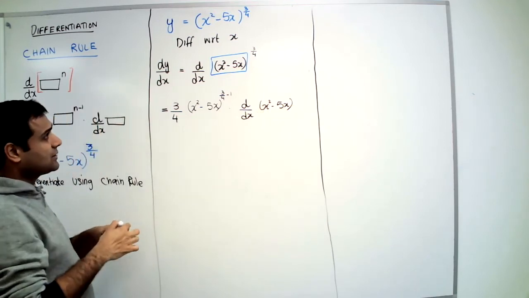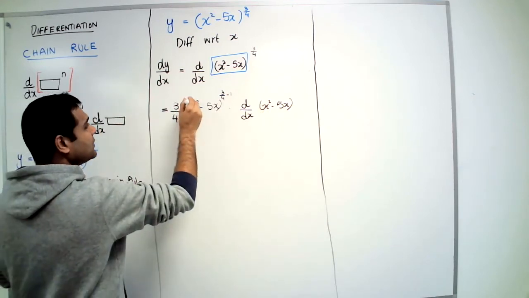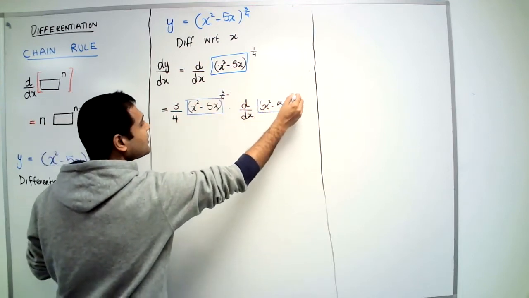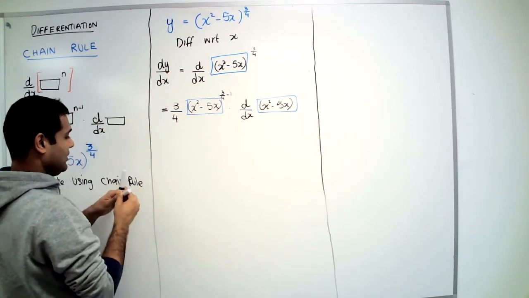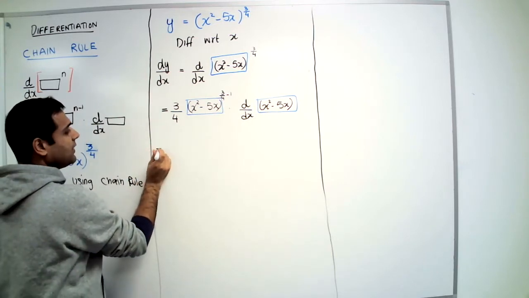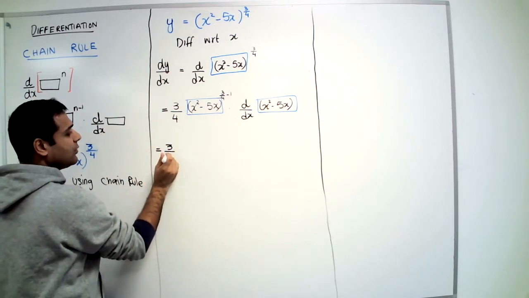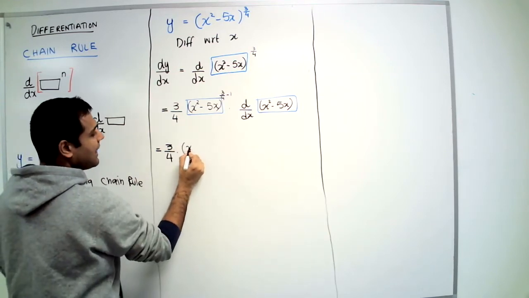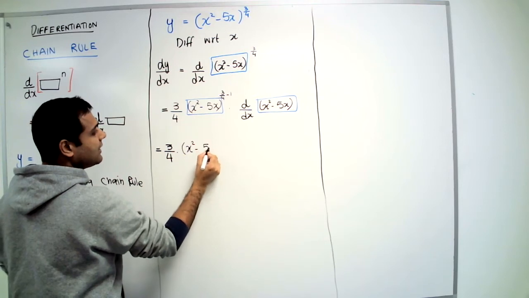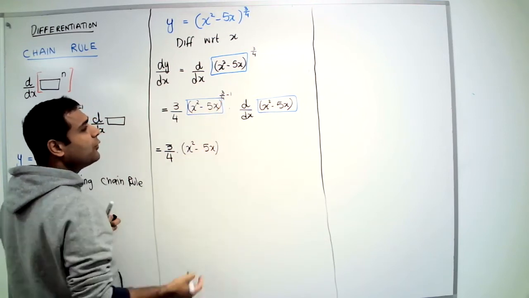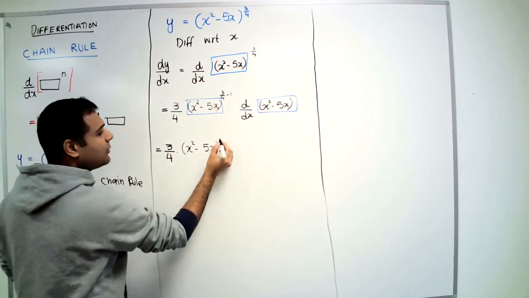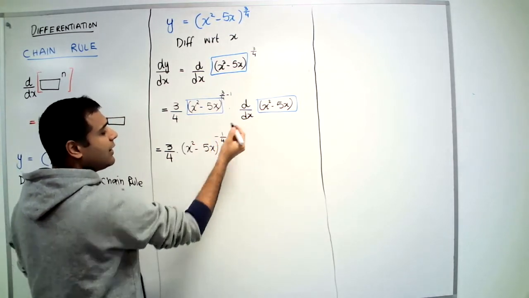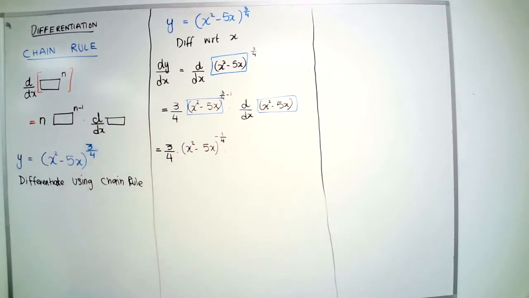Now let me just put the box in the blue. So here this was the box. And here this is the box. Okay. Now let's solve the first one. I have 3/4 as it is. This will become x squared minus 5x. 3/4 minus 1 is how much? Minus 1/4. Minus 1/4. Thank you. Now I need to differentiate this bit.